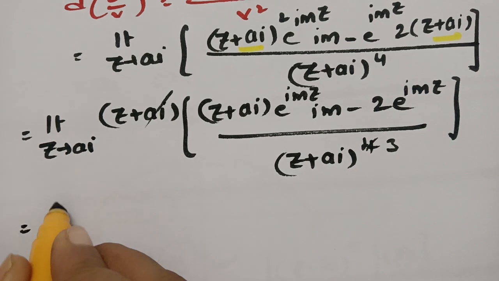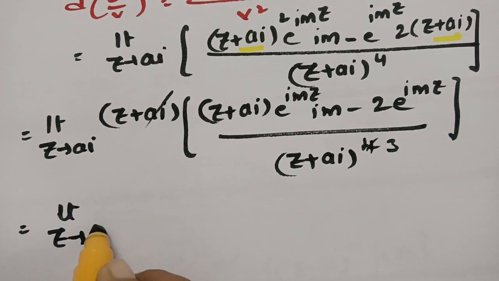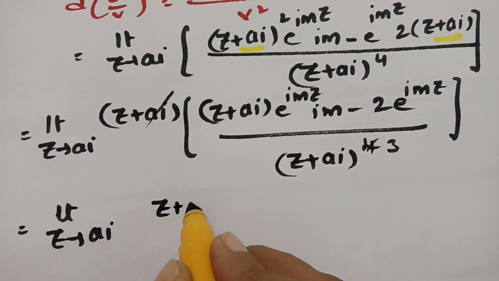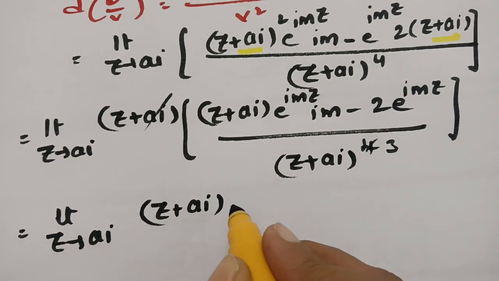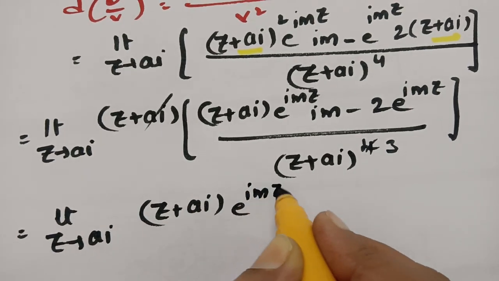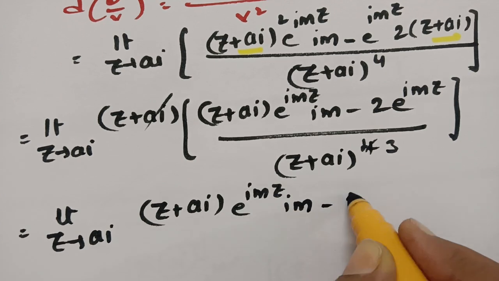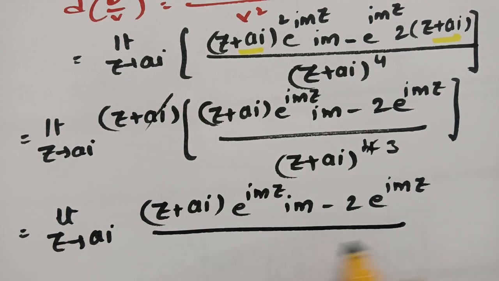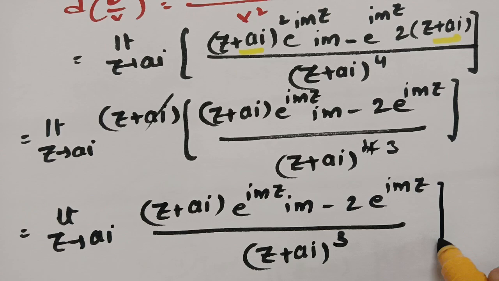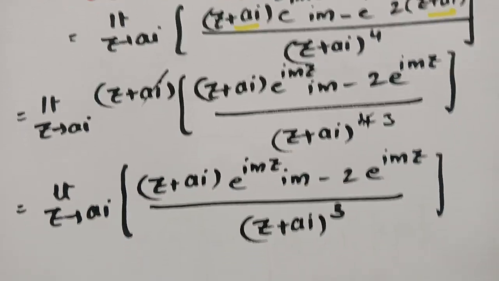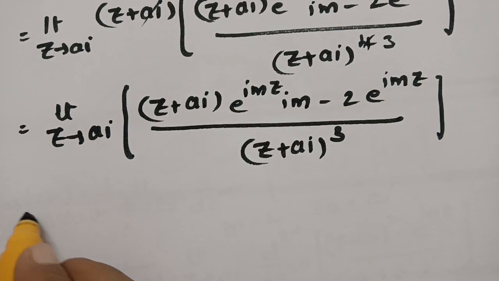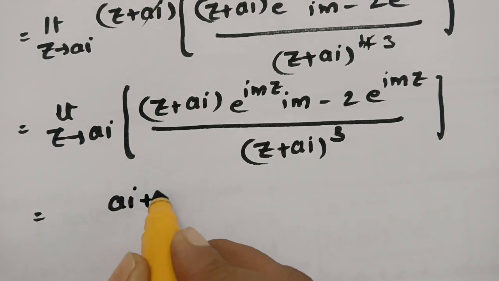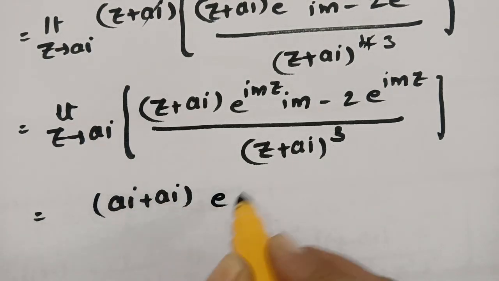And therefore this is limit z tends to ai of z plus ai into e power imz into im minus 2 times e power imz by z plus ai whole cube. Clear? And now in place of z, what I have to substitute? ai. So this will be ai plus ai into e power.